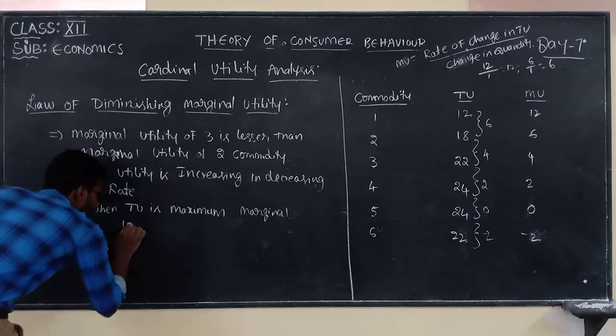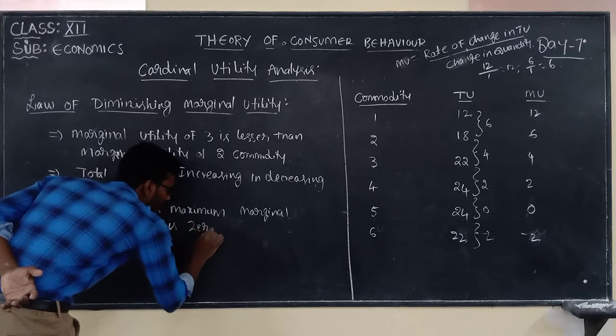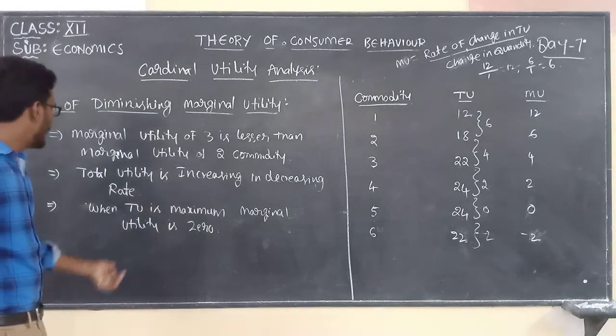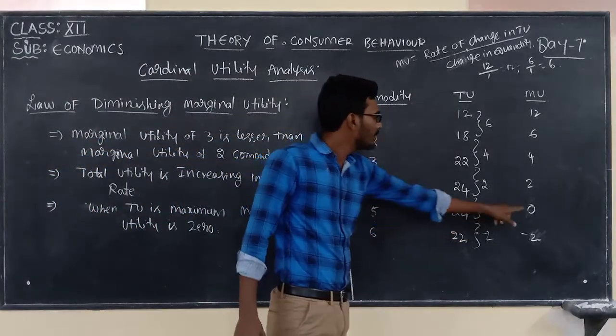Marginal utility is 0. When total utility is maximum, what about the marginal utility? Marginal utility will be 0.